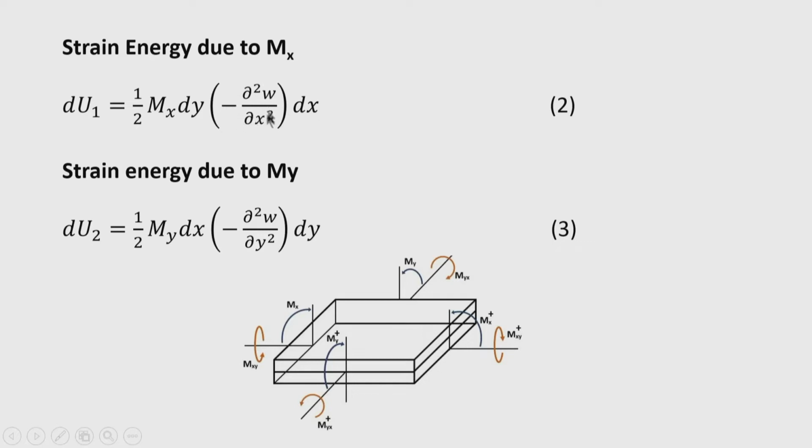Strain energy due to My is written in a similar fashion, half My dx, because My is acting along the edge whose length is dx. Half My dx is the average moment acting on this edge multiplied by the change of the slope, which is now along the y direction. So, this is the strain energy due to My.